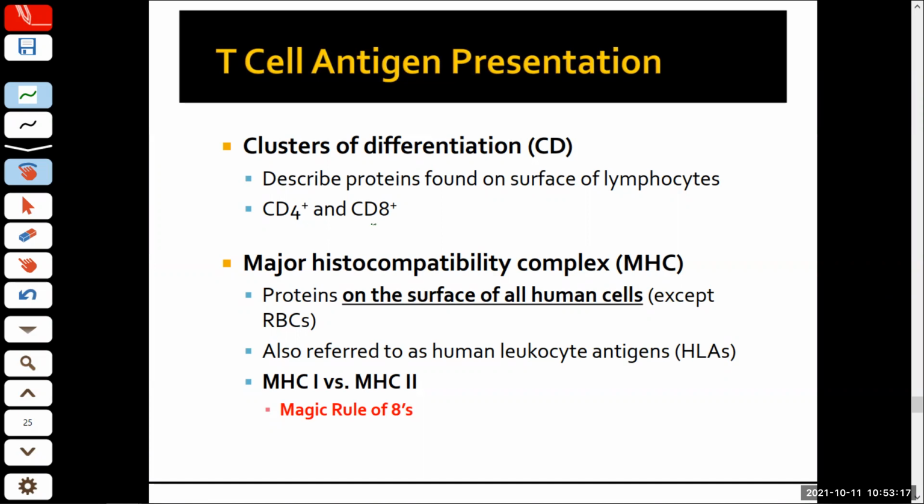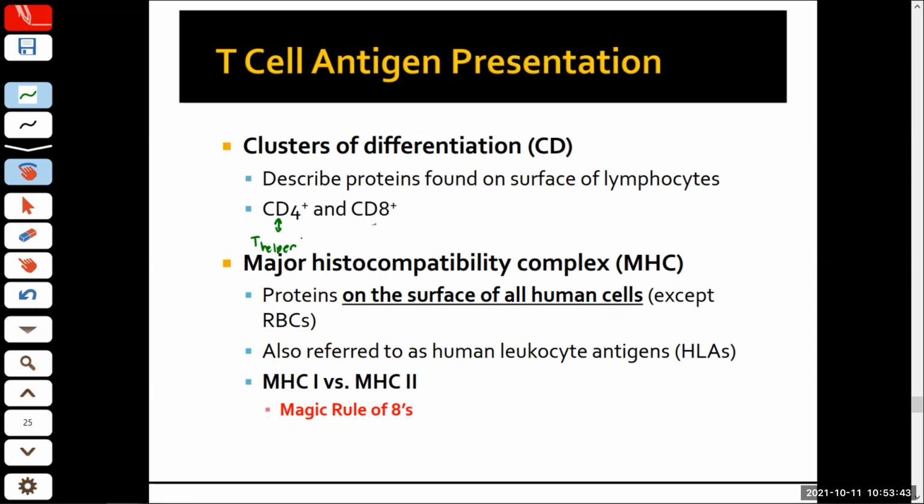These are receptors on your T cells, certain receptors for certain T cells. So CD4 is a receptor found on your T helper cells. T helper cells are also known as CD4 cells.